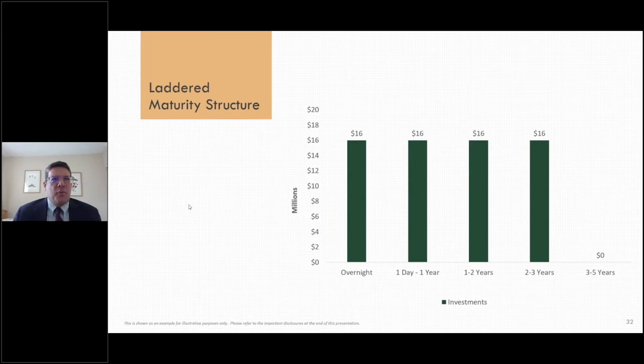This makes managing your program really easy because you have a known amount of money coming in at a discrete time period, and there's a certain level of expectation of how much money you're going to have coming due from your investments that it's going to be available for cash needs. The problem with this one is not a problem, but you're not fully optimized here. At least you're pushing money out into the longer ranges to pick up yield. But we know that the yield relationship between shorter maturities and longer maturities shifts. It's not linear. And so this is not necessarily fully optimized, but it does make liquidity management much more approachable and much easier.